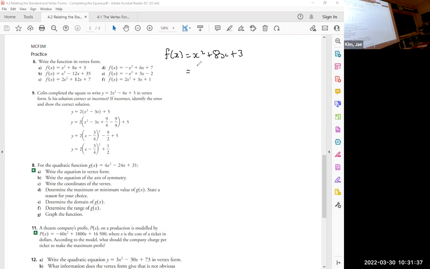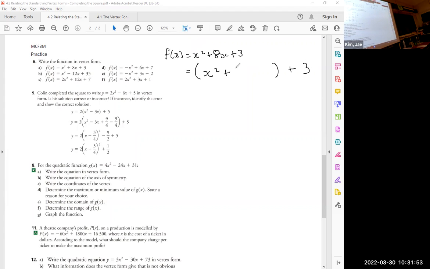Now, this is very mechanically heavy, right? Step 1. You just get rid of that third one.